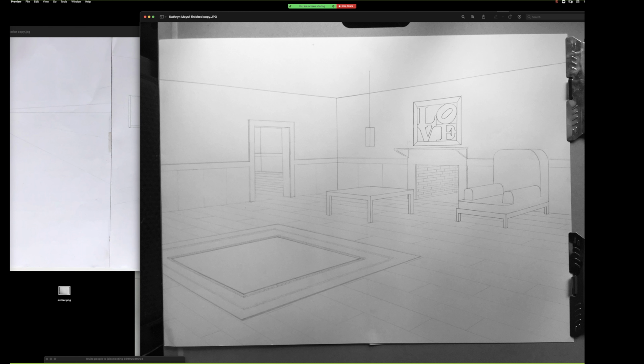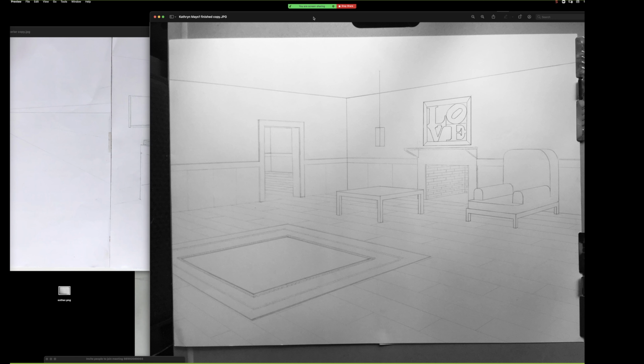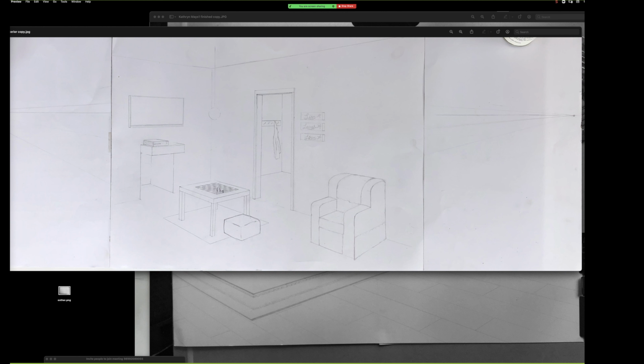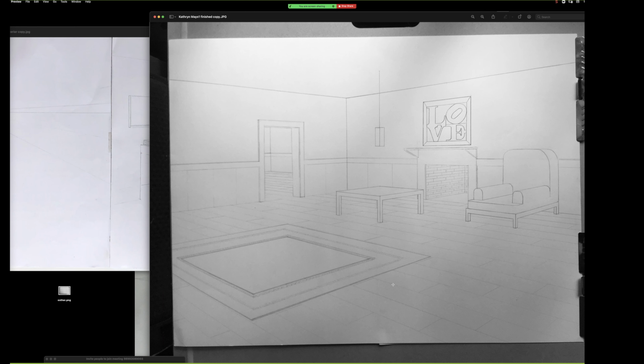How about the walls themselves, focusing on that corner of the room? Which one is larger relative to the overall composition, this drawing or this drawing? Longer, in other words, relative to the space on the drawing.